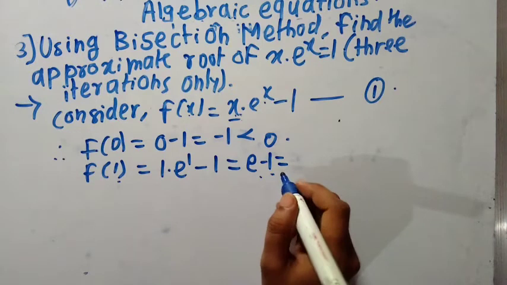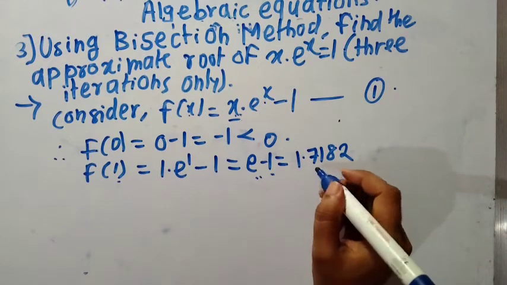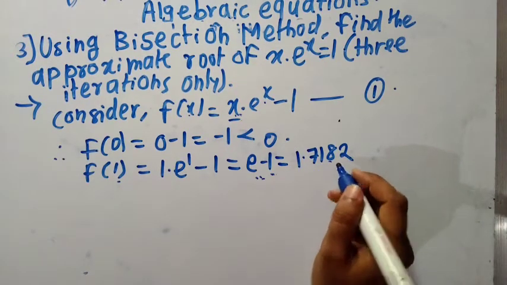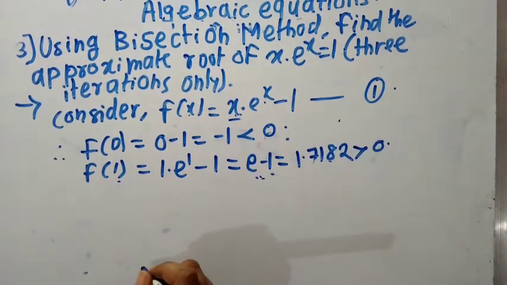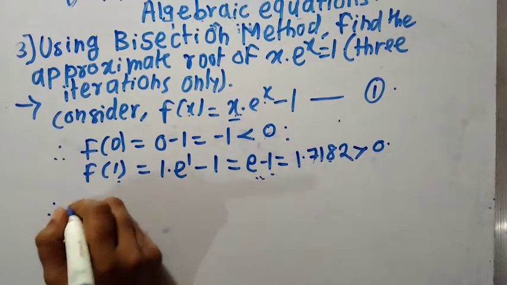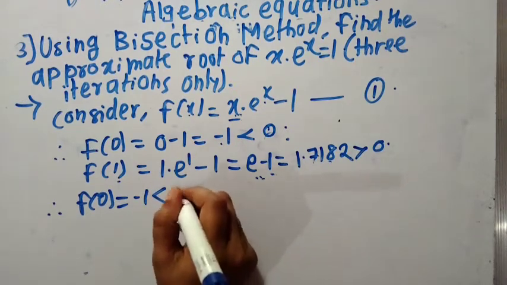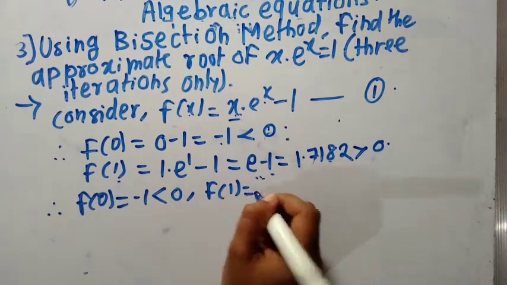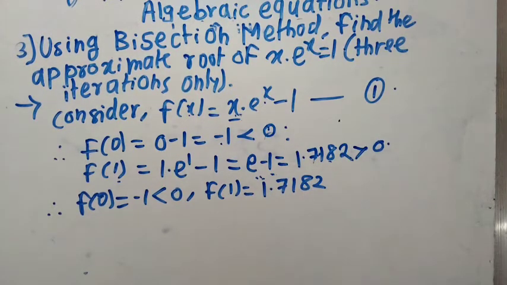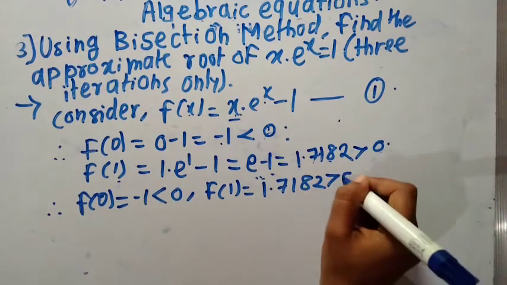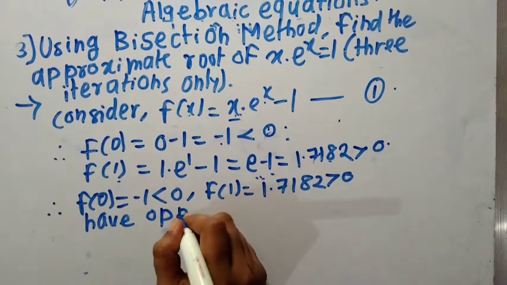And by scientific calculator, e minus 1 is 1.718, which is greater than 0. So f of 0 is minus 1, less than 0, and f of 1 is 1.718, greater than 0, have opposite sign.